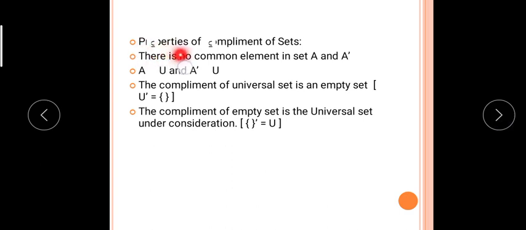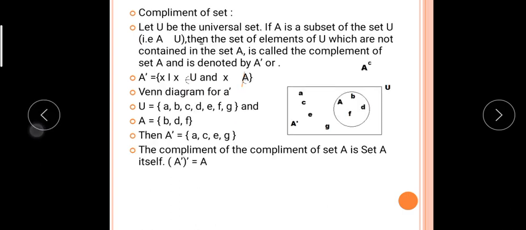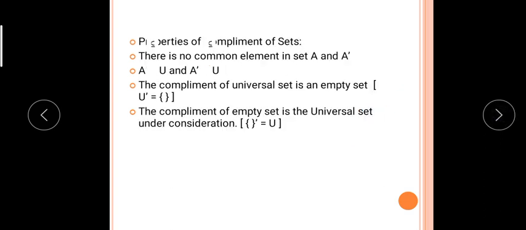See the properties of the complement of a set. There is no common element in set A and the complement of A. Obviously, because what is complement? Complement means which are not in A, and therefore there is no common element between A and A complement. Now A is a subset of U as well as A dash is also a subset of U. Subset means every element of A is in U and every element of A dash is also in U, and therefore both are subsets of the universal set.